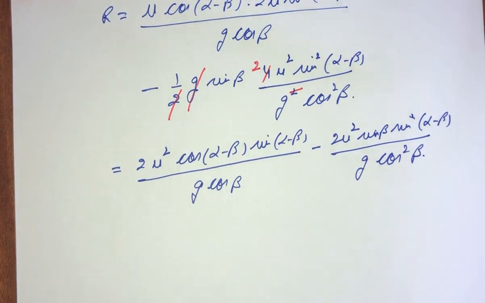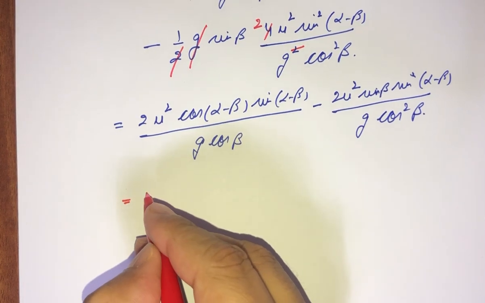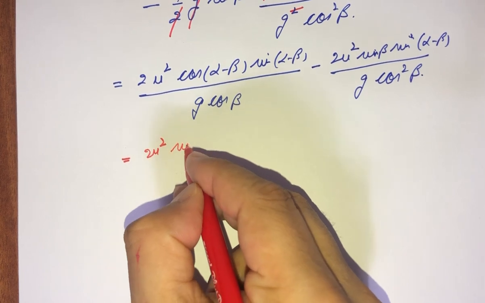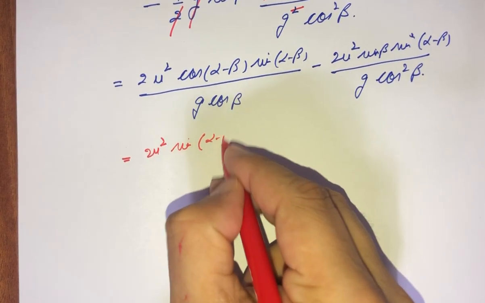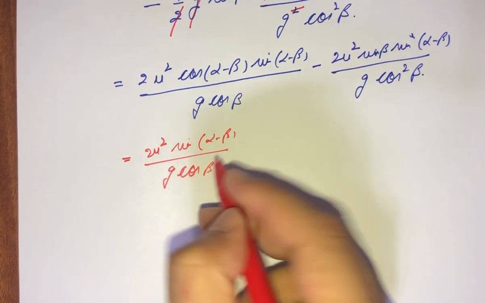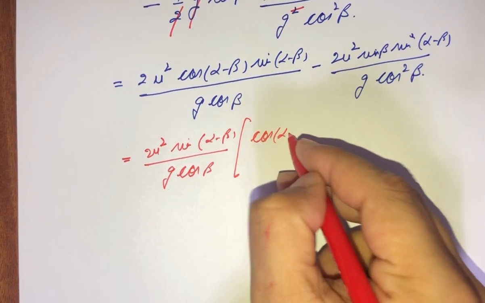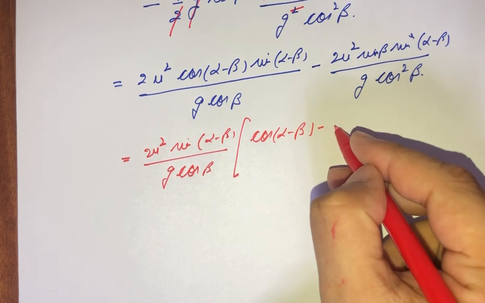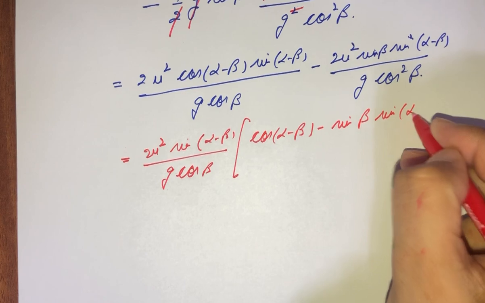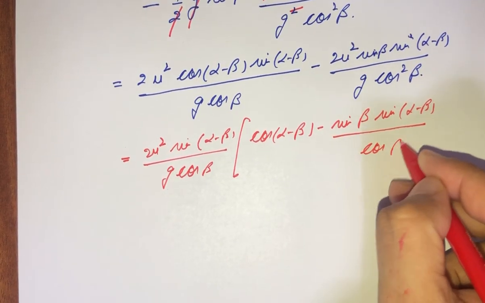Now we take the common. This will be equal to 2u square sine alpha minus beta divided by g cos of beta taken as a common, so we are left with cos of alpha minus beta minus sine beta sine of alpha minus beta divided by cos of beta.